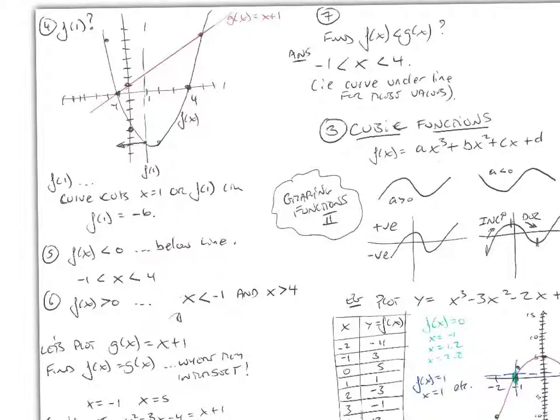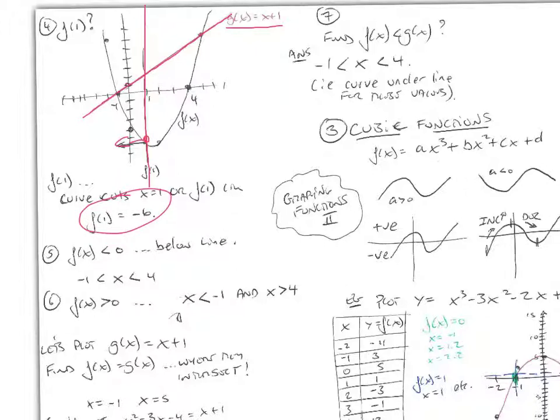Now, what about if we were to plot a function g of x equals x plus 1? Well, if we were to find the points of that using our calculator, we would plot this line here. And to find f of 1, that's the same as before. We just go out to x is 1, and we see where it cuts the parabola, and it's at minus 6.